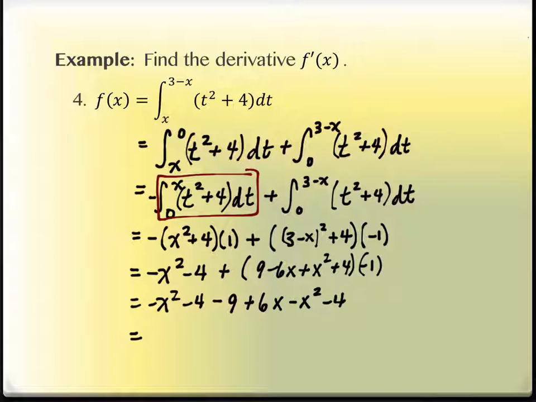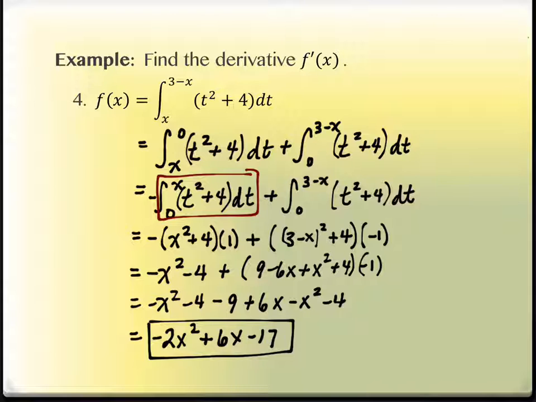Let me start with my x squareds. Negative 2x squared. What would be the next piece, in descending order of exponents? The 6x. And then what do I have for my constants? Negative 17. All right, and we will stop there for today.